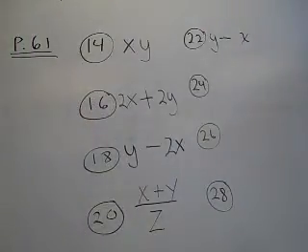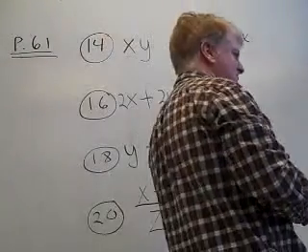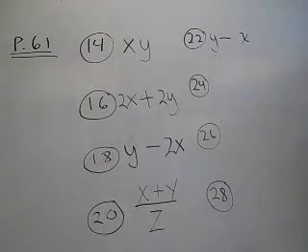Number 24. Z less than the product of x and y. Now, there's a problem with this that got people on the last exam last quarter. The expression z less than is not the same as the statement z is less than.